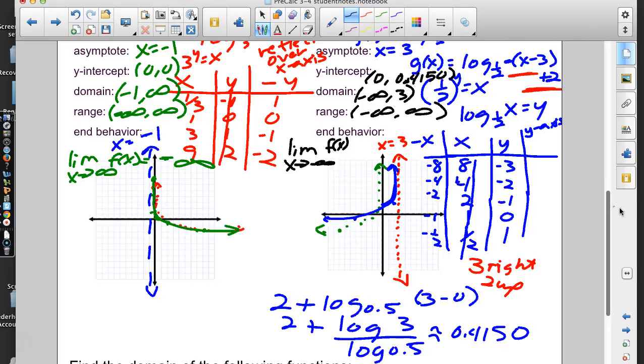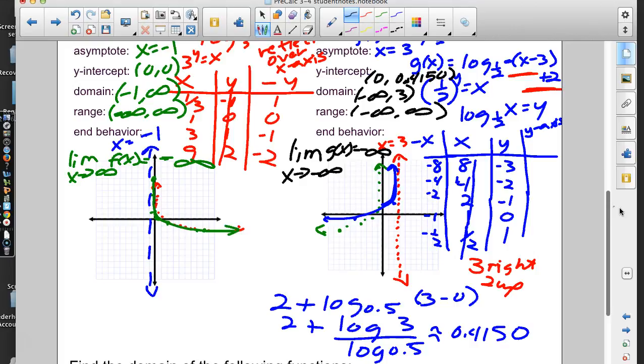No, g of x. Let me rewrite it. It's getting so small here. G of x equals, did you already say it? Where are we going forever? Ooh, there's a lot of work for that problem.